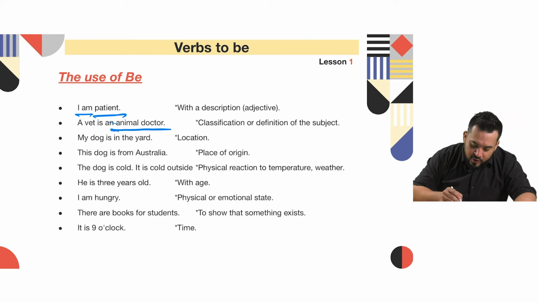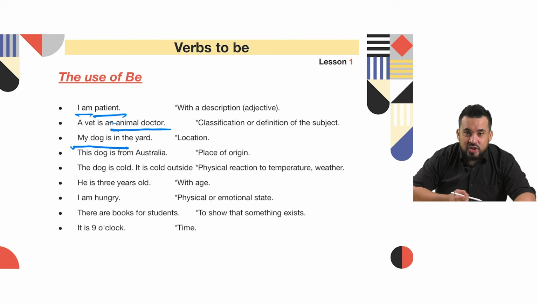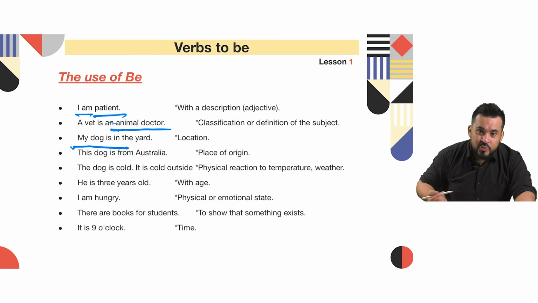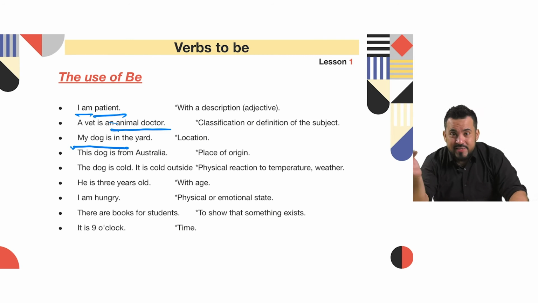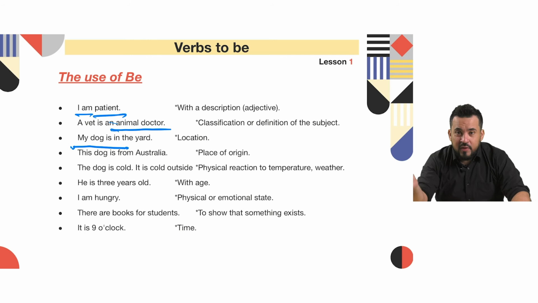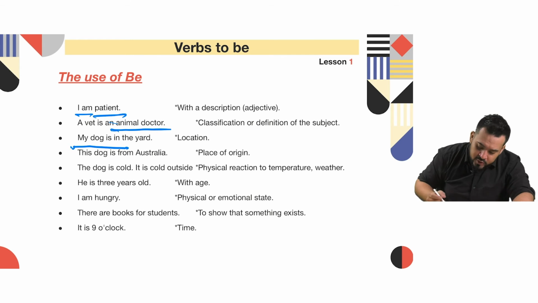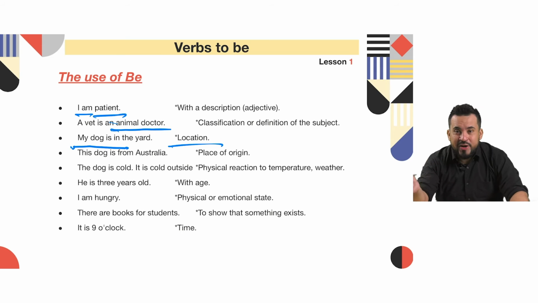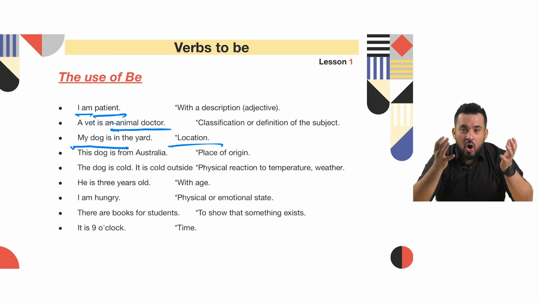Another use is location. It means where is the place. My dog is in the yard. That is my dog's location. Location. This dog is from Australia. That means origin. Where is his dog from?